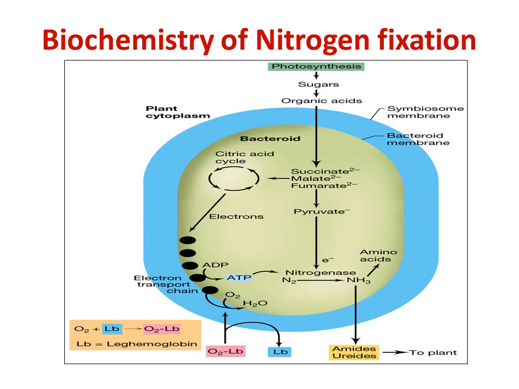So let us study in detail how this ammonia production happens. As we all know, the rhizobium, once they enter inside the host cell, become bacteroids.